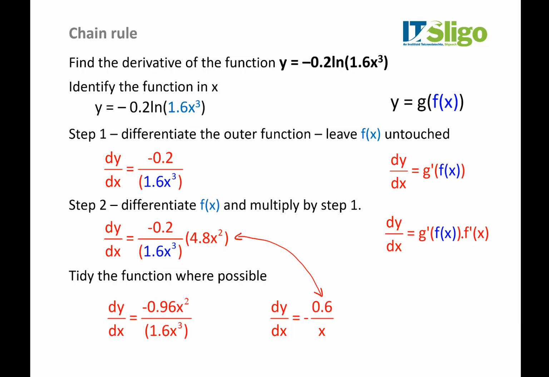Don't always expect nice, neat answers like this. Very often your answer won't simplify from this bit here, and you just leave it as it is. If you're ever unsure, just leave this function and don't cancel too much. There's nothing worse than cancelling too much and bringing errors into your work.